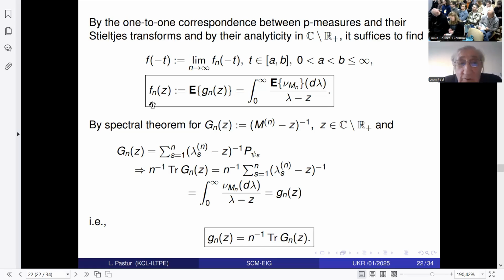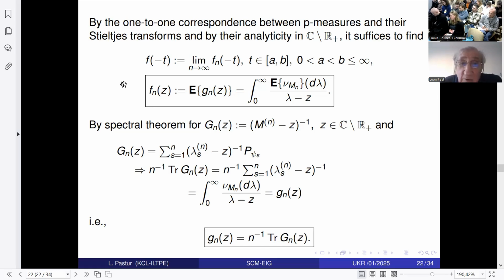So I will choose as a compact set just an interval on the negative semi-axis, and it suffices to prove that there exists a limit only for values of the argument on a certain interval on the negative semi-axis. Well, so now we have reduced the problem to this assertion, yes?